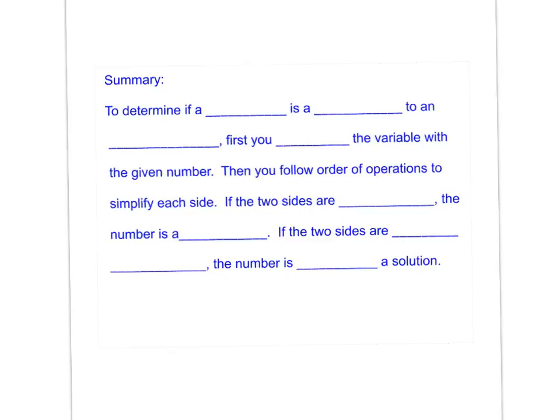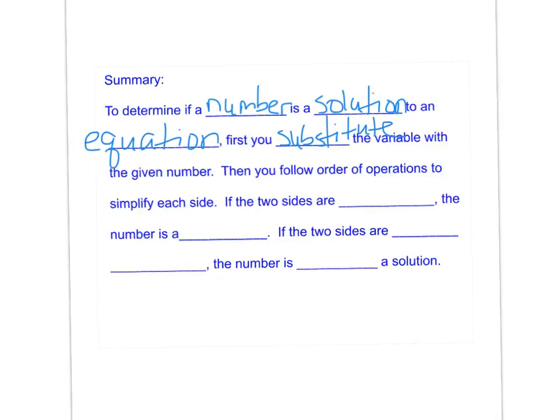We're ready for our summary. We're going to look back at our essential question, which is how do you determine if a number is a solution to an equation? So to determine if a number is a solution to an equation, first you substitute the variable with the given number.